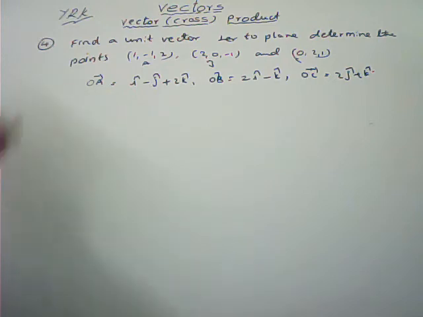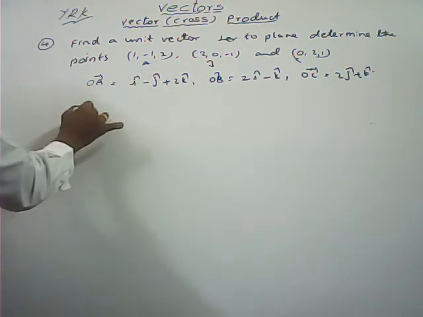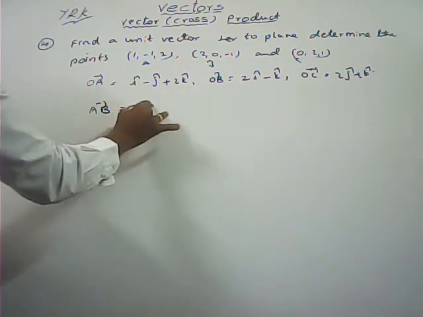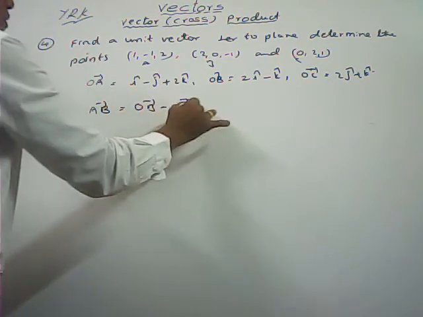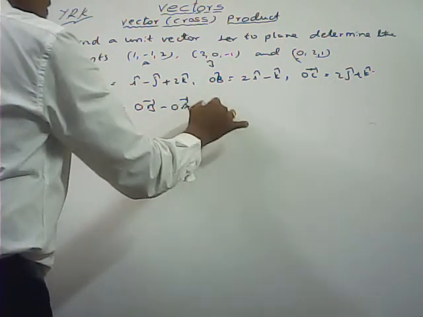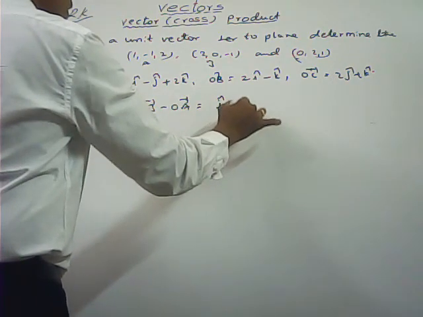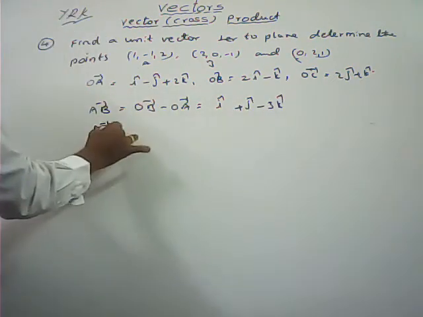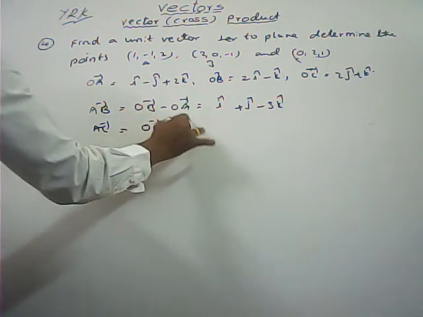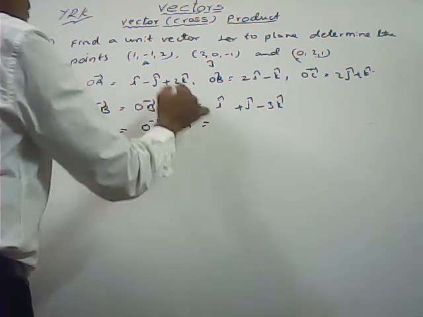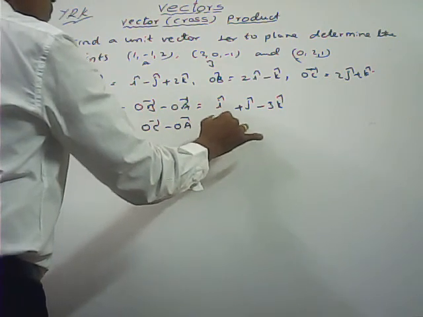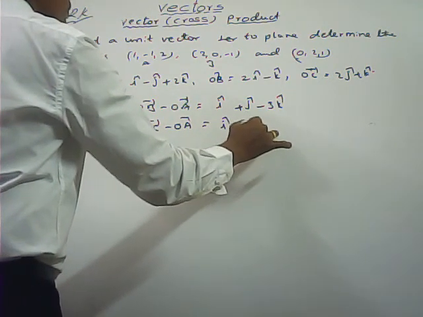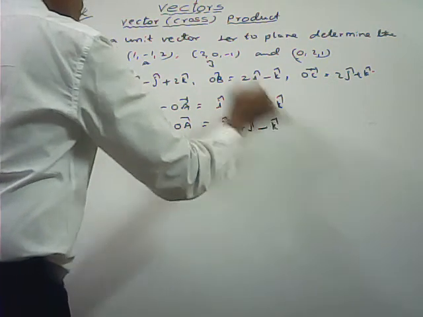Here first we can find a unit vector perpendicular to the plane determined by the points. Here you can find AB bar, that is OB bar minus OA bar, that is i cap plus j cap minus 3k cap, and AC bar is OC bar minus OA bar, that is i cap plus j cap minus k cap.